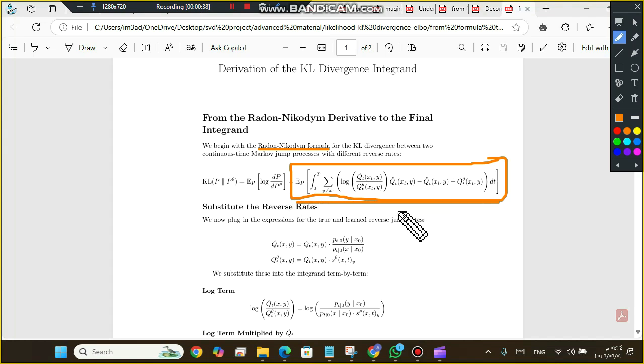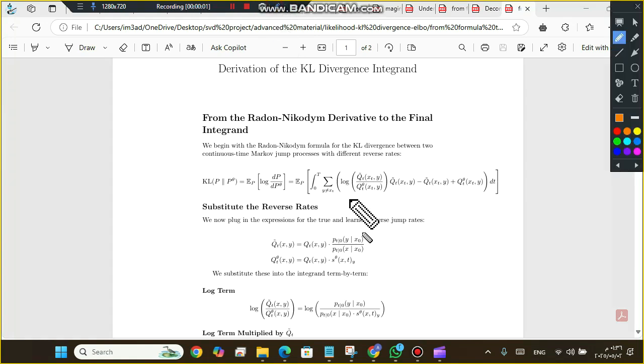Now, let me remind you of something, that the Q for the reverse process will equal the Q times the ratio, right? So what we will do over here is substitute for Qt the Q times the probability ratio generated from the forward diffusion path.